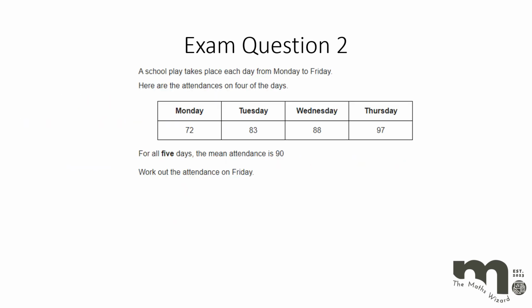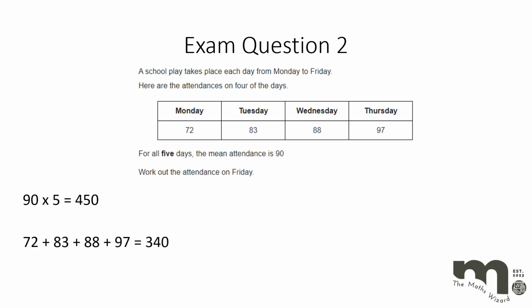Okay, let's take a look at a solution to this then. If we know that the mean is 90, 90 times 5 will give us 450. So all of those days need to add up to 450. Monday, Tuesday, Wednesday, Thursday, Friday, when all of those numbers are added together, it's got to make 450.